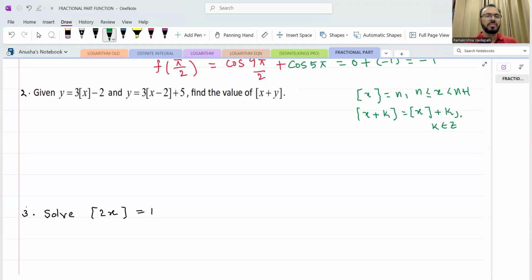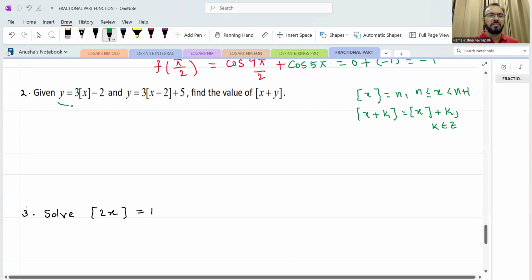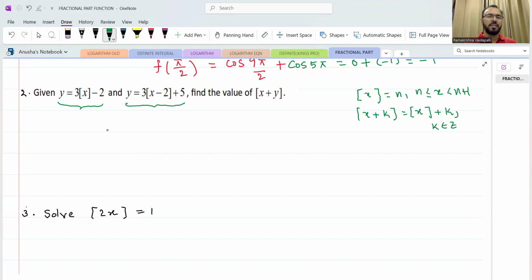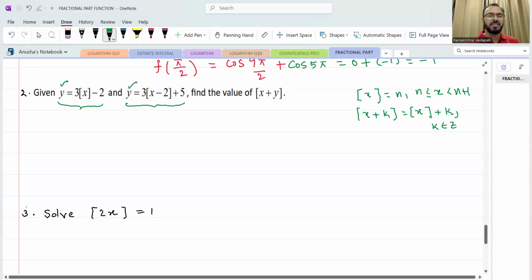Well, here the first equation is very straightforward. I'll take the second equation. Or I'll equate both. Here this is y and this is y. So the solution is straightforward: from the given two equations, I'm equating both.